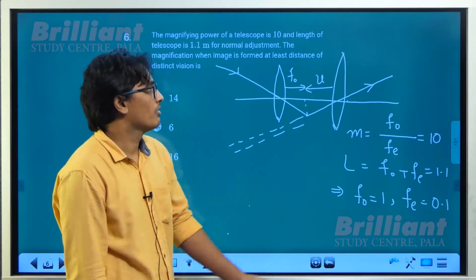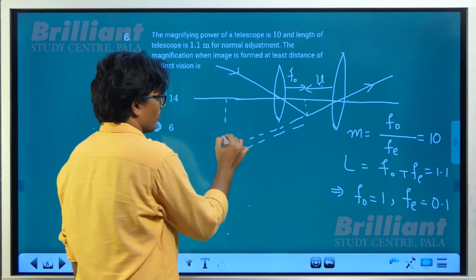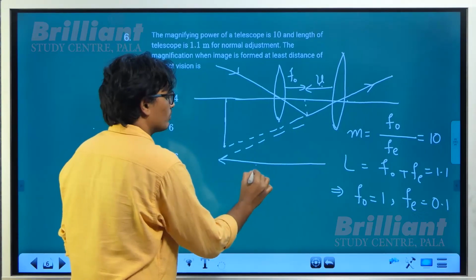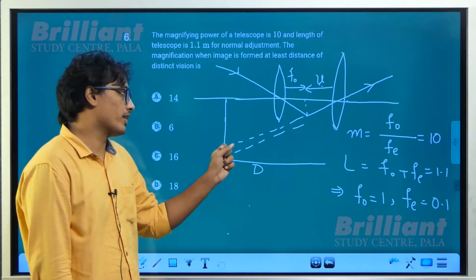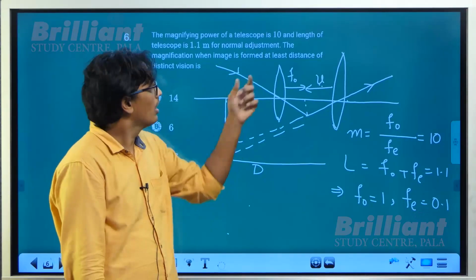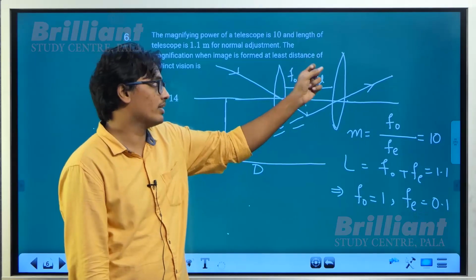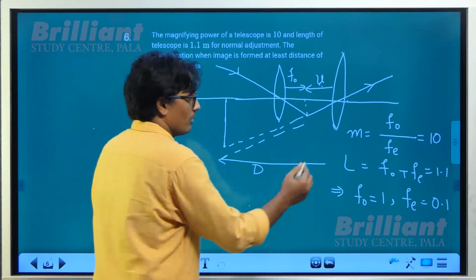At what u will this final image be formed at D? In normal adjustment, this final image will be formed at infinity. In least distance of vision, in this second case, it will be formed at capital D. So your magnification formula will change.